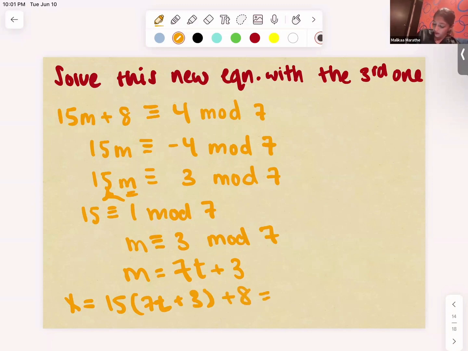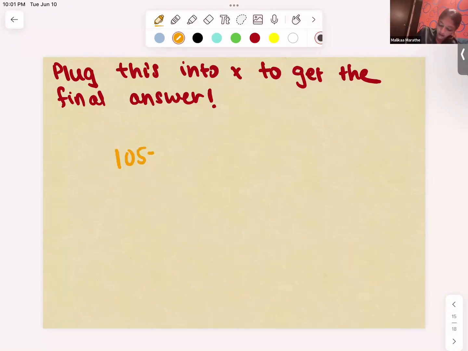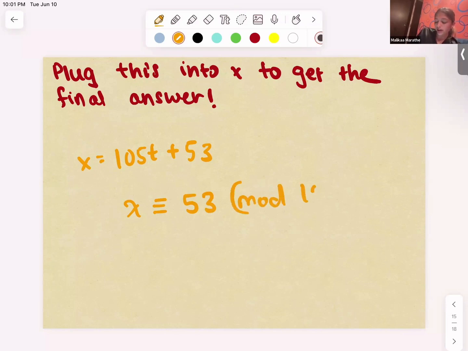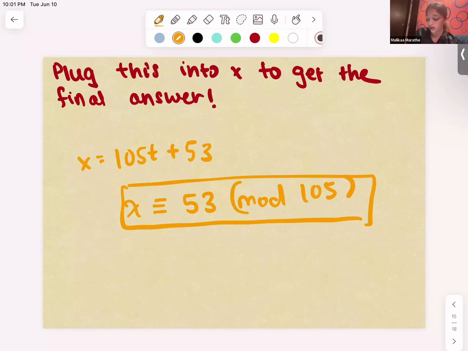So that would be 105t plus 45 plus 8, which is 105t plus 53. So that means x can be written as 53 mod 105. This is our final answer. And the smallest number that satisfies all of these three expressions would be 53.